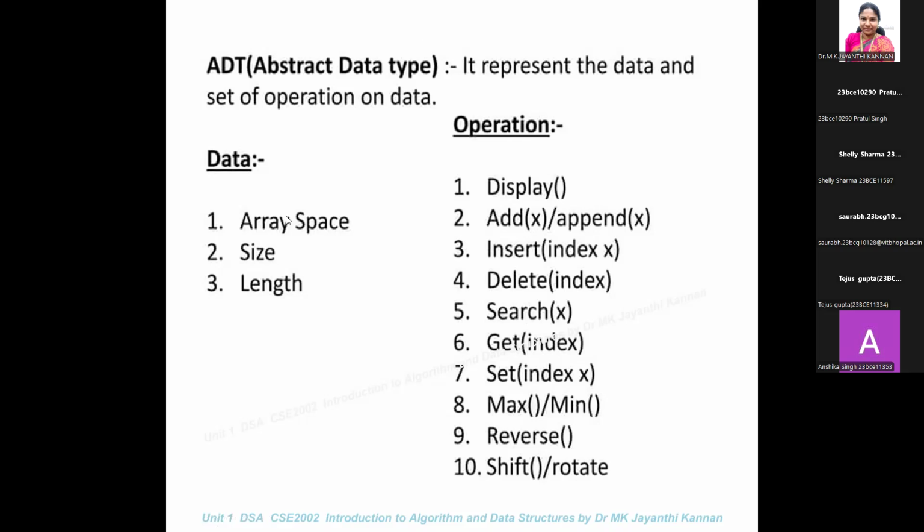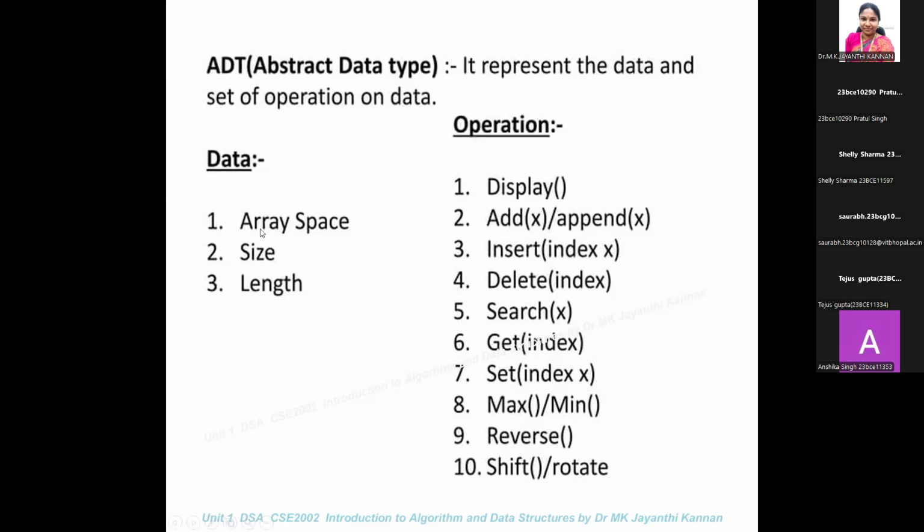So while declaring the array based on the VTOP, the number of students is 72. So that is the size of the array. But the length of the array is how many are present. So the remaining spaces are wasted. How much memory space we allocate for the array depends on the size. Maybe 100, but we may be entering only 50 or 60 numbers. The remaining, if it is 100, 100 minus 60, the remaining 40 spaces may be wasted.